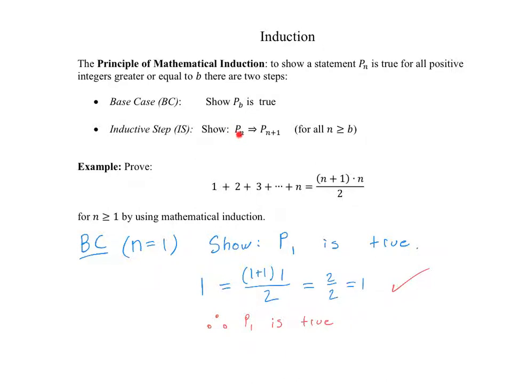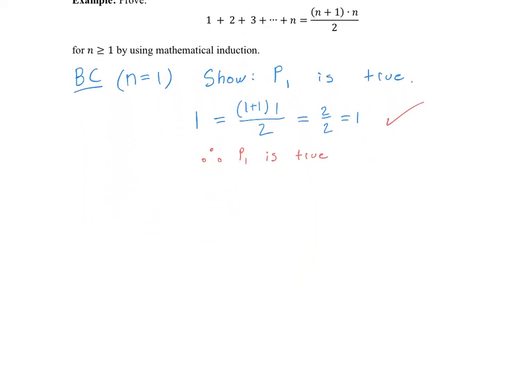So P sub 1 would give us P sub 2. And we're going to do this for every n that's bigger than the base case. So what we'll end up with is a chain reaction in the inductive step, where 1 gives you 2, 2 gives you 3, 3 gives you 4, and so on and so on. So let's get started with our inductive step.